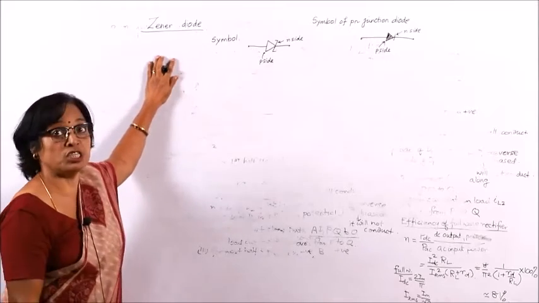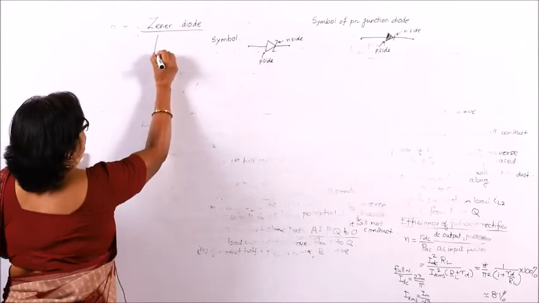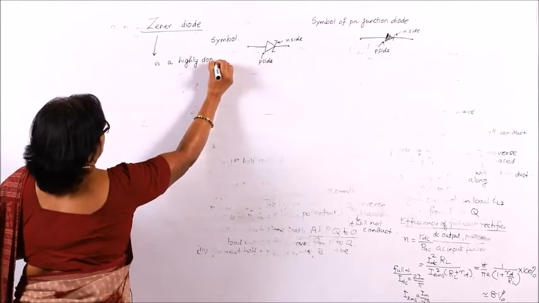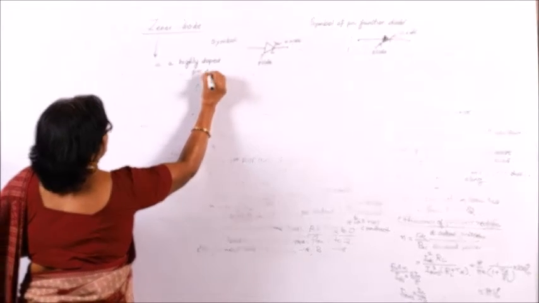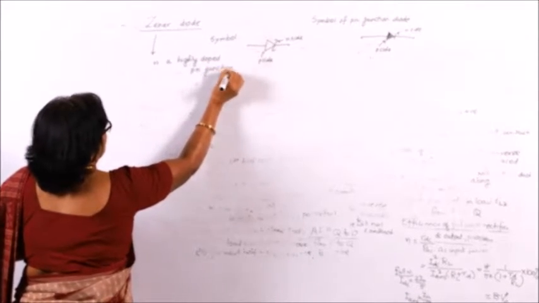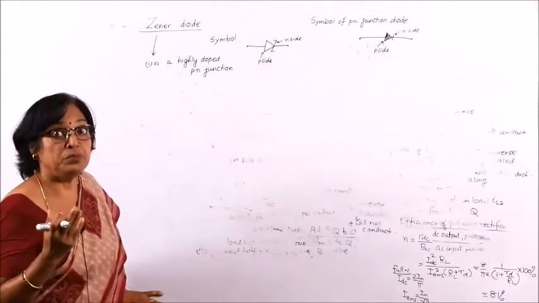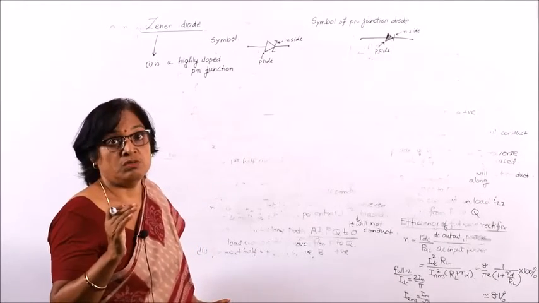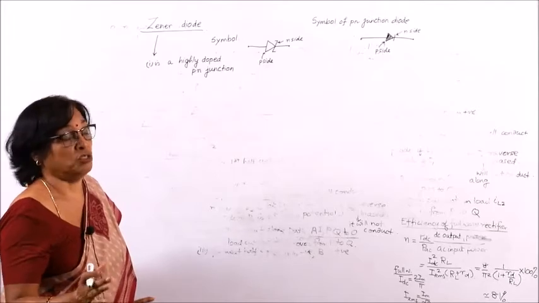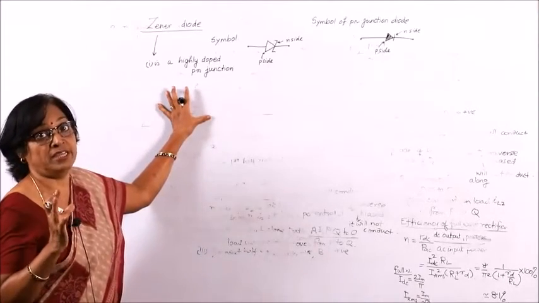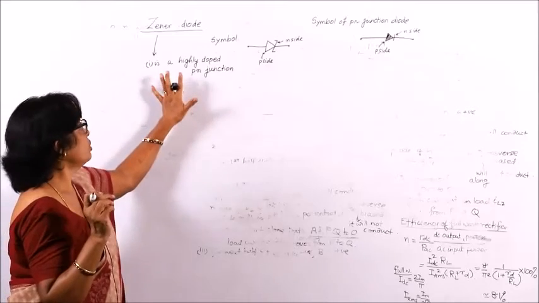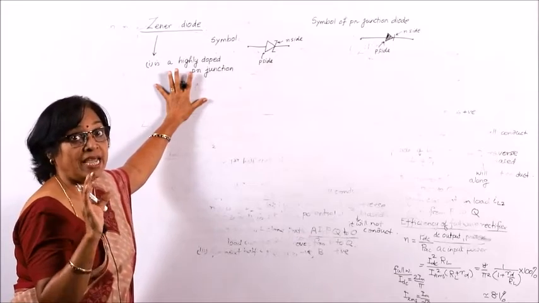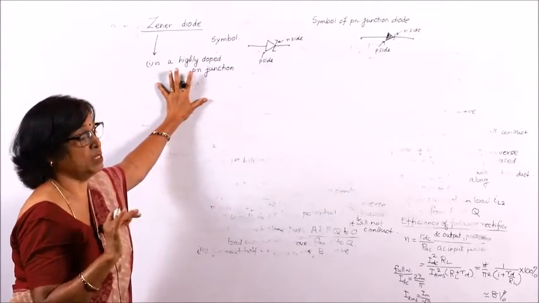What makes the Zener diode special is that it is a highly doped PN junction. That means the number of impurities added for making the P and N semiconductors is very large. So, there are a large number of carriers on the P and N sides. In a simple PN junction diode the doping is light, but here it is a highly doped crystal.